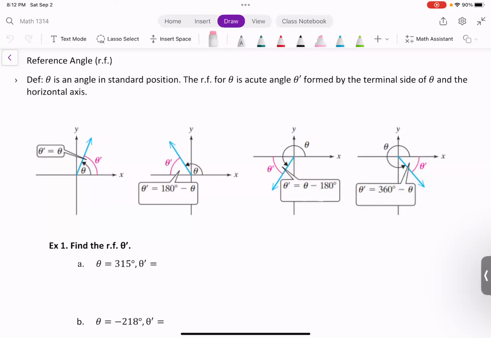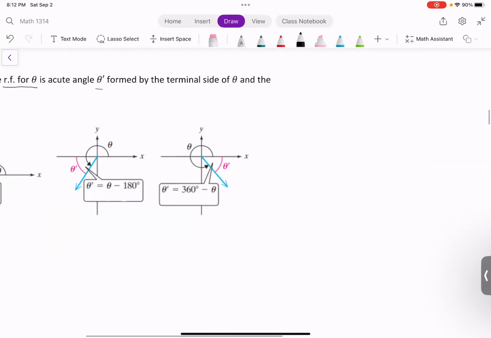If I have an angle theta, the reference angle of theta is an acute angle, theta prime, formed by the terminal side of theta and the horizontal axis. For example, I have an angle theta here in the third quadrant.